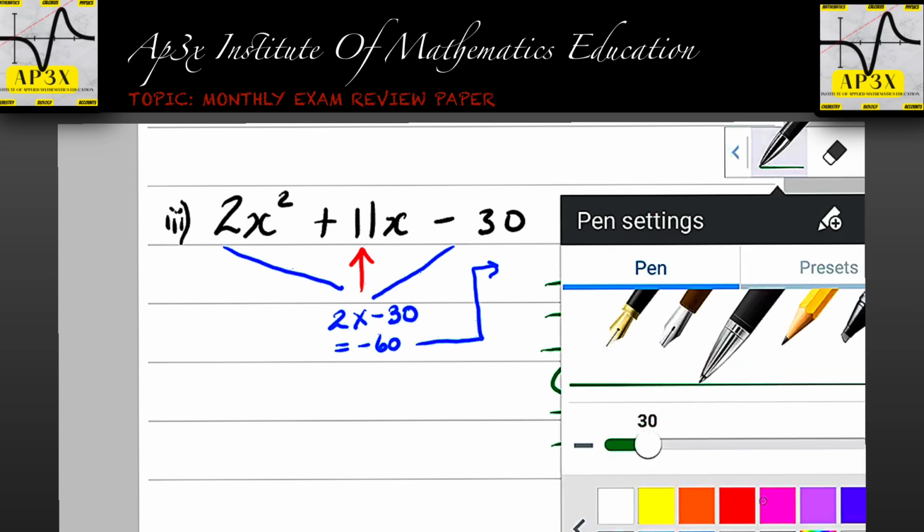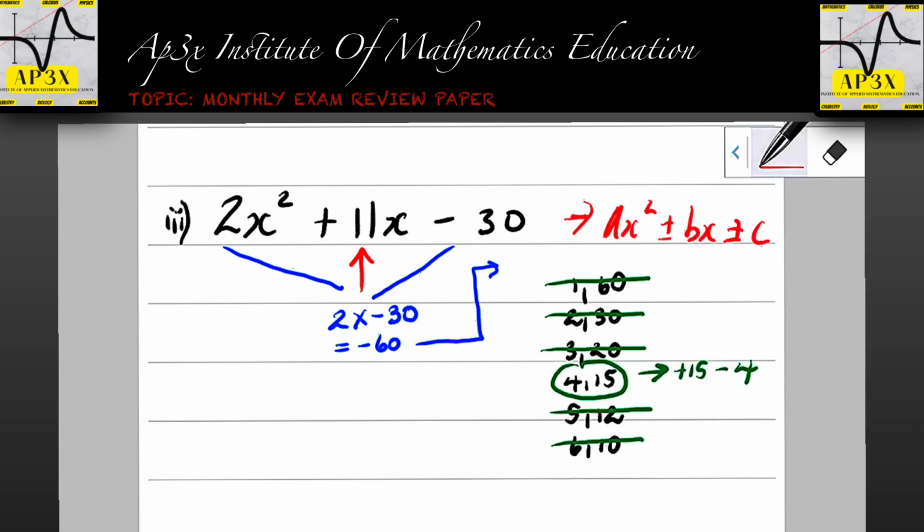Now, once we have done that, we are looking at 2x squared. And we're going to take these two terms that we have chosen and place them in the middle, replacing the 11x. So that's going to be 15x, take away 4x, take away 30.